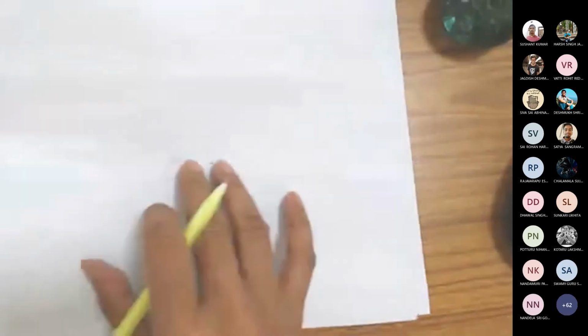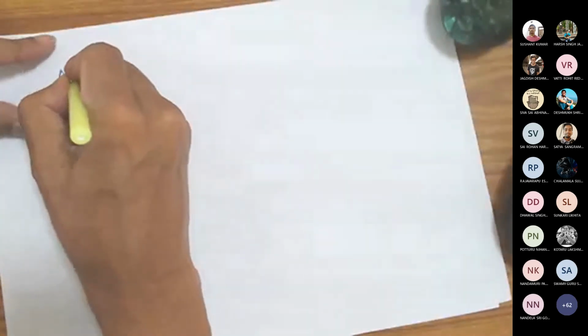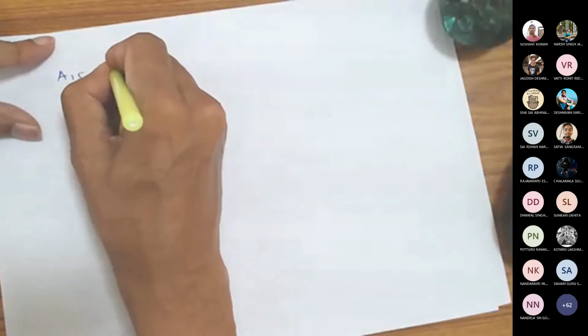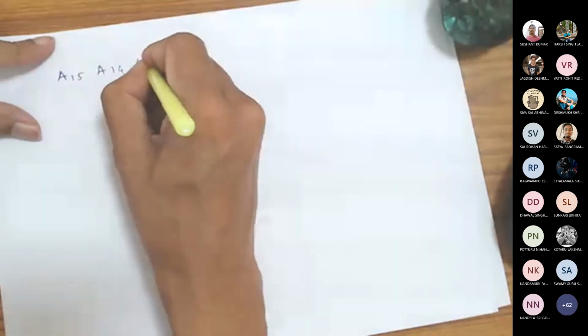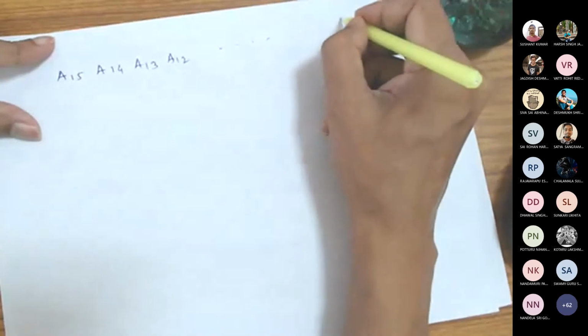So A15, A14, A13, A12, and then up to A0.